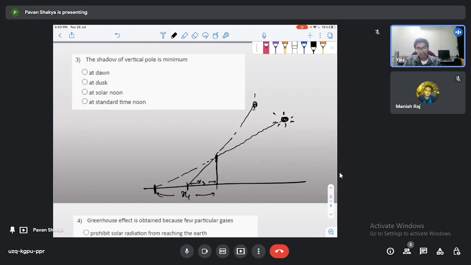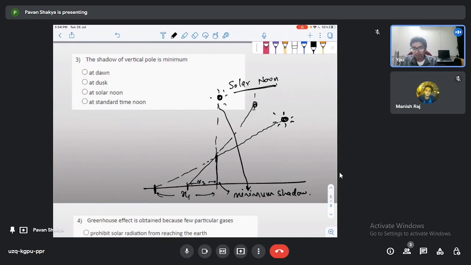When the sun falls on the top of this pole, there will be minimum shadow for this position. This position is called solar noon, when the sun falls above our head.